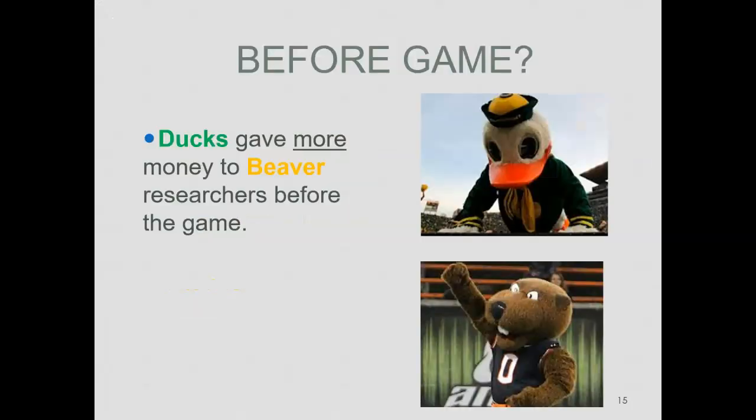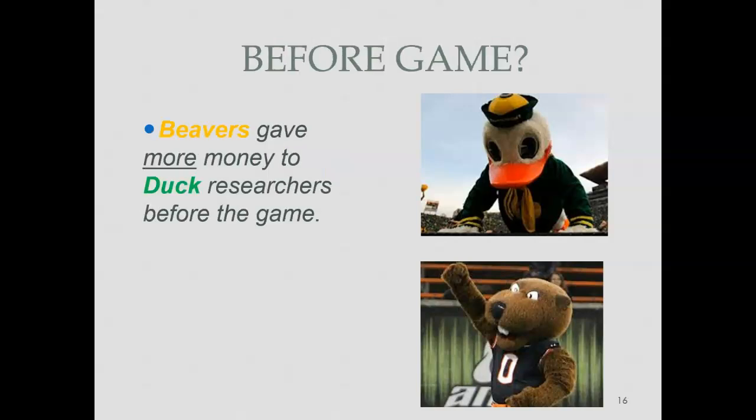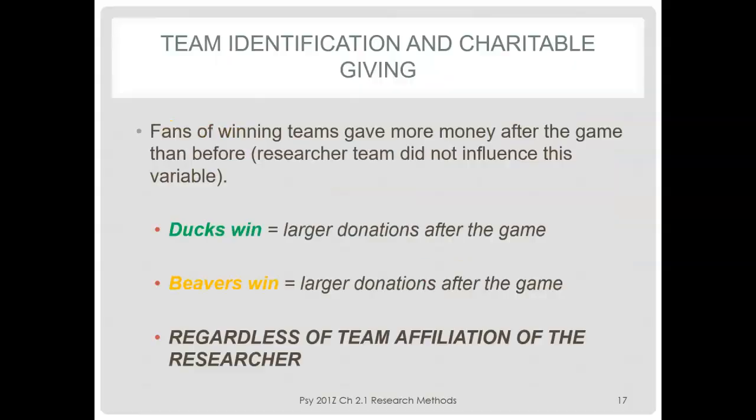So, before the game, Ducks gave more money to Beaver researchers if they were going to donate to Beaver researchers. Ducks still overall gave to Ducks, but some subjects gave to anyone that was soliciting money for the American Heart Association. Beavers gave more money to Duck researchers before the game.